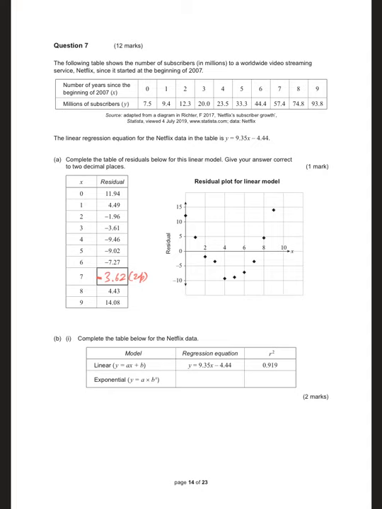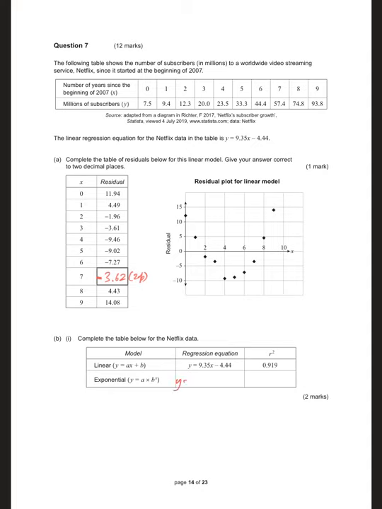Does it ask you to add that or something? No, just put it into the table. Complete the table below for the Netflix data. So what it's showing here is it wants the exponential model. So I have to go calc again with that same data, scroll down to ExpReg and do an exponential regression instead.